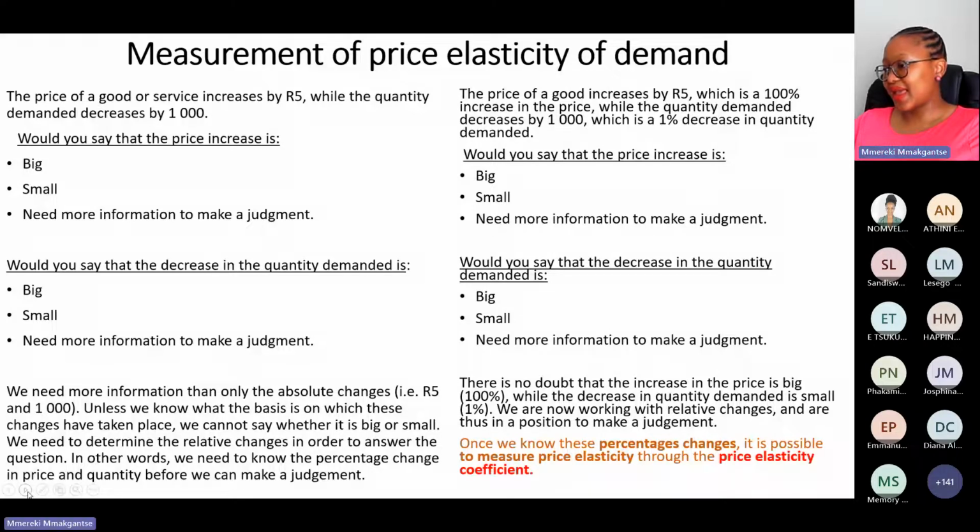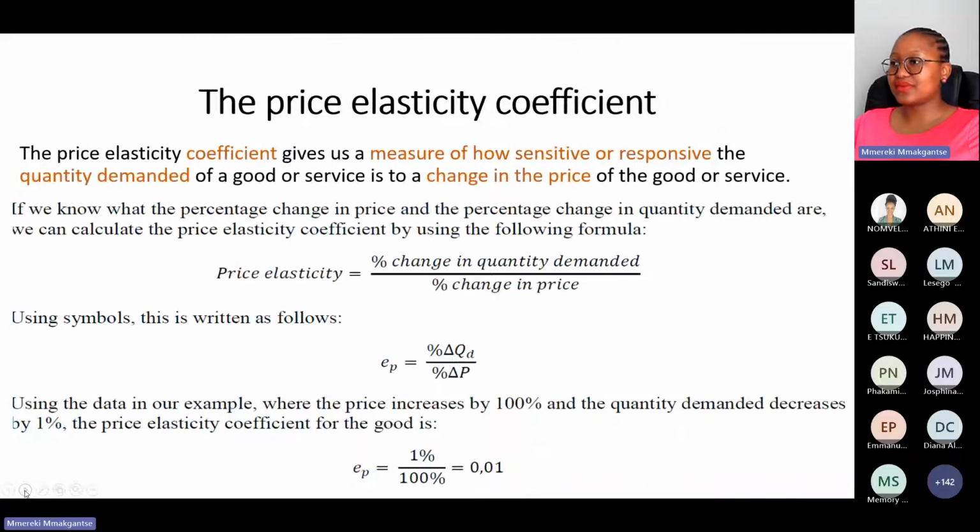Like I said, once we know these percentage changes, it is possible to measure price elasticity through the price elasticity coefficient. Now we're going to be talking about the coefficient. The price elasticity coefficient gives us a measure of how sensitive or responsive the quantity demanded of a good or service is to a change in price.